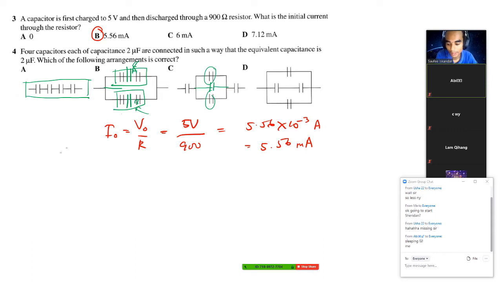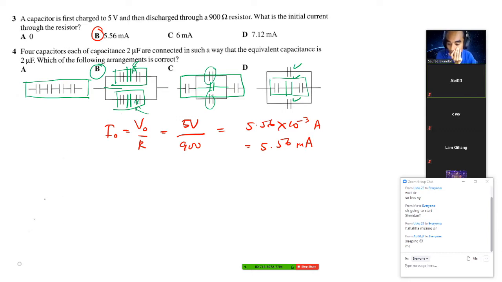After that you have to calculate these three in series. And this one you combine these two in series as an equivalent, and then you have 1, 2, 3 in parallel. So if you try everything, you can get the answer. Answer will be B for number 4.